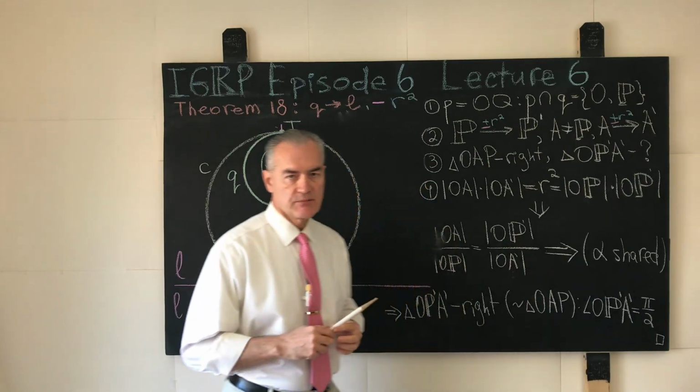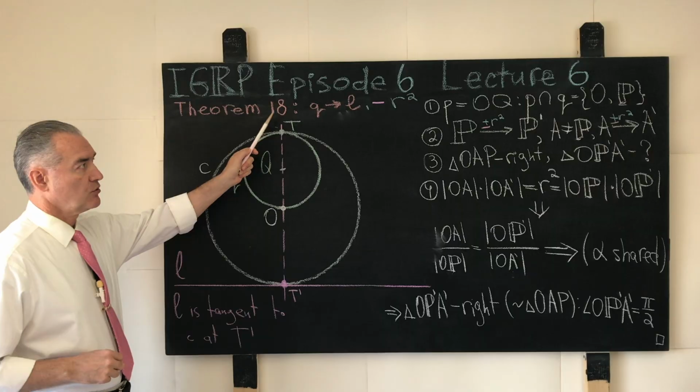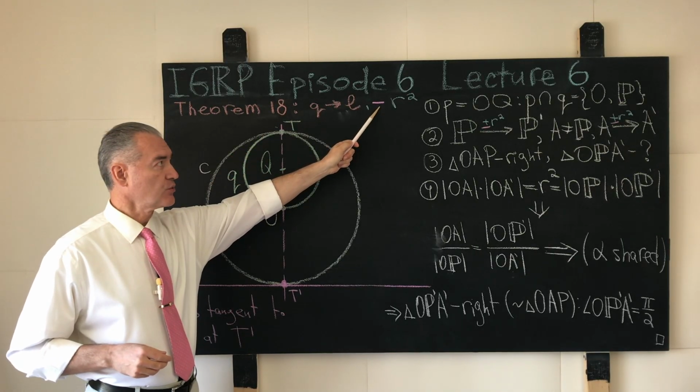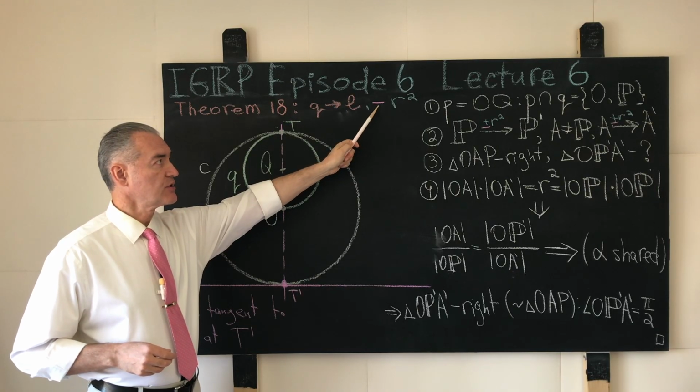According to theorem number 18, under an inversion of a plane with negative power, here again we switch gears and work with the inversion that has negative power, shown with the red minus sign.